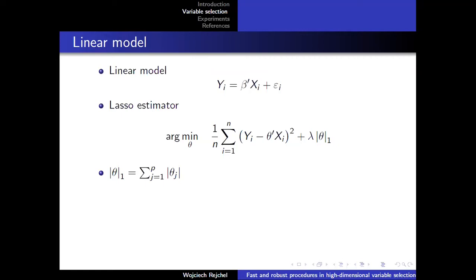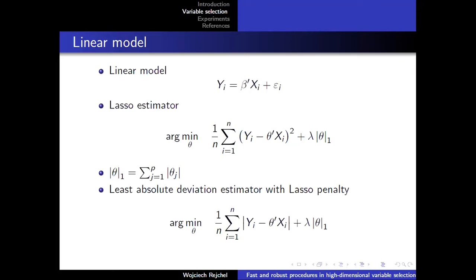What people do is try to find some robust procedure, which can be, for instance, the LAD-Lasso, the least absolute deviation estimator with the penalty. So the easiest thing we can do is replace the quadratic loss by the absolute value loss, which is robust with respect to outliers, and the penalty is the same.